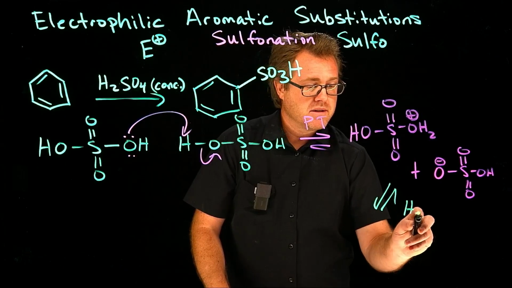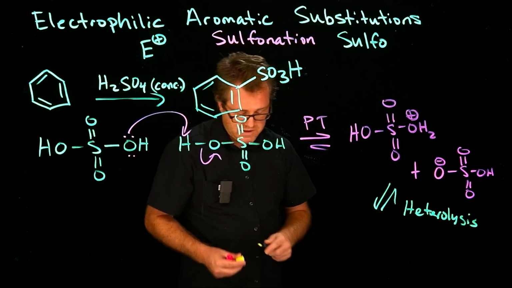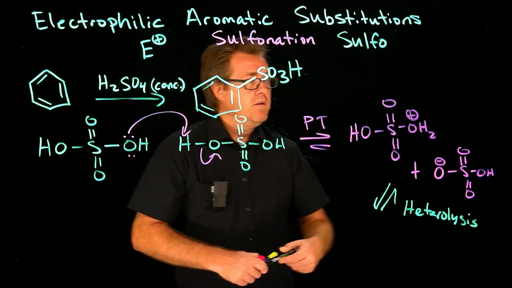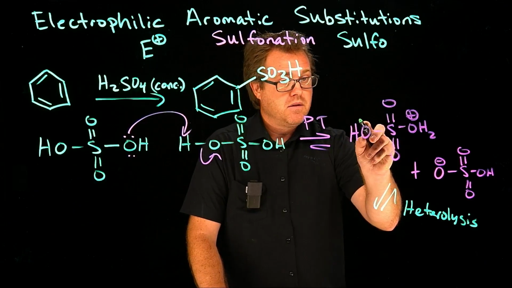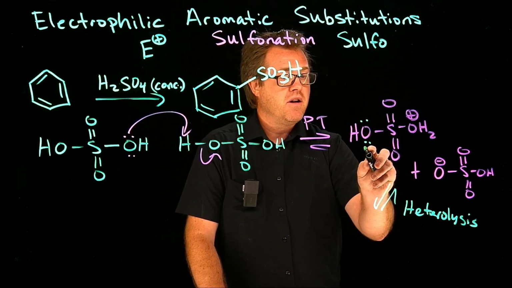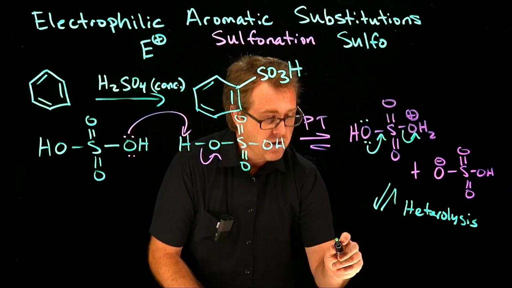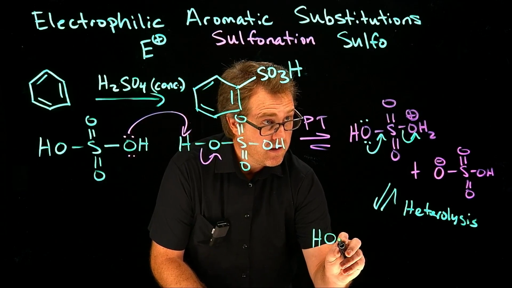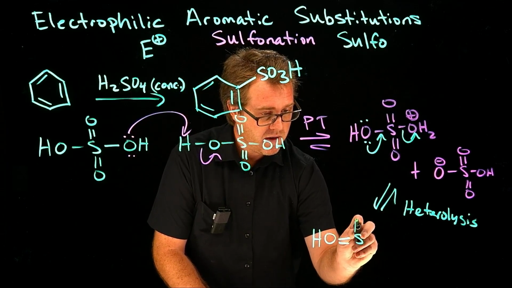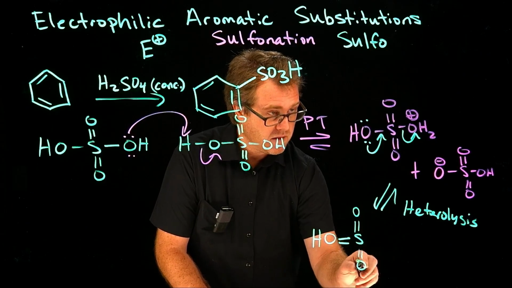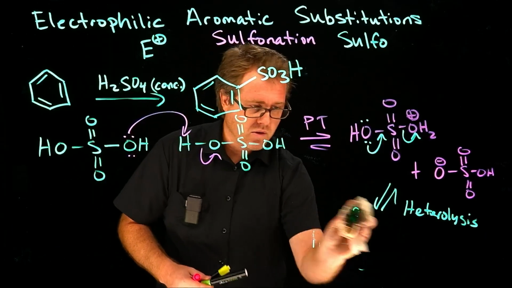Okay? So now we have those 2 species after the proton transfer, and then we would do a heterolysis step. What's that going to look like? Well, this guy's going to fall off, right? And how can we get this water molecule to fall off? Well, we can help force it off. And when we do that, we're going to have a double bonded O there. The bond angles on that are horrible, so let's fix that.